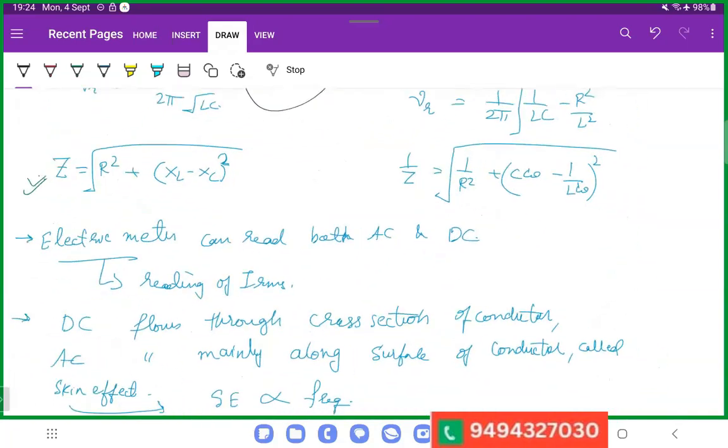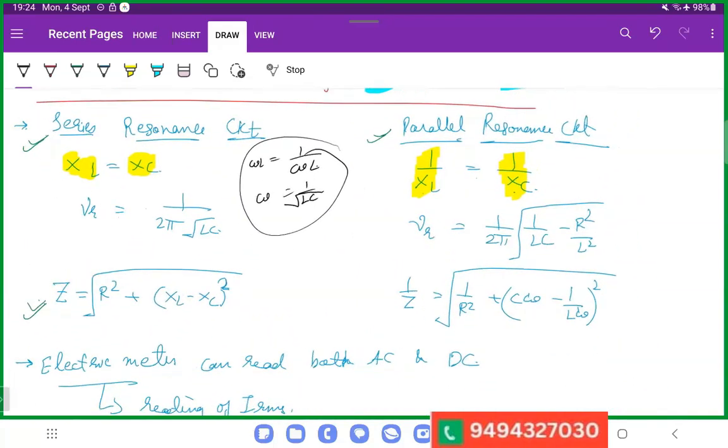If you see here, I already wrote this one: omega equals 2 pi f, and omega equals 1 by root LC. So frequency equals 1 by 2 pi root LC. This is your frequency, V or F, whichever you can remember.